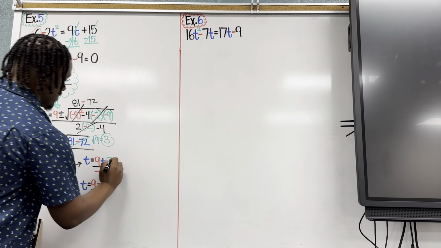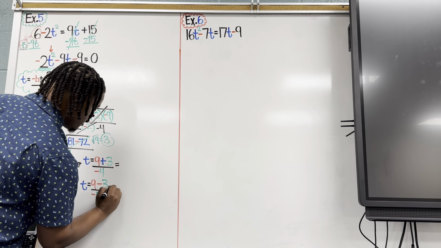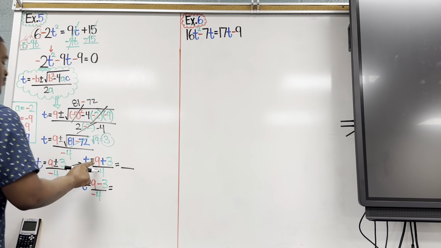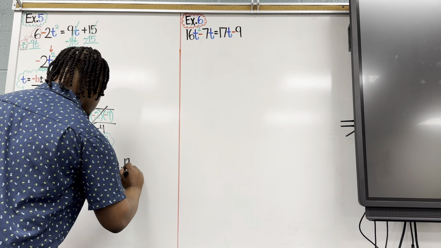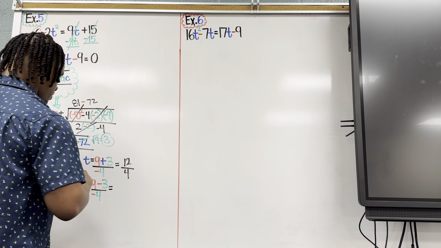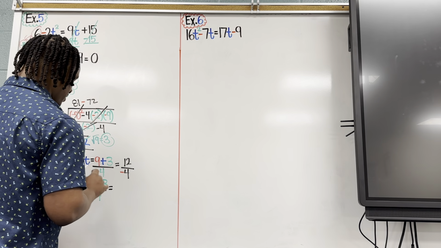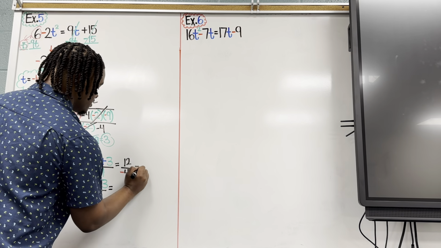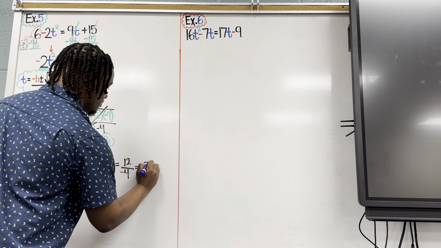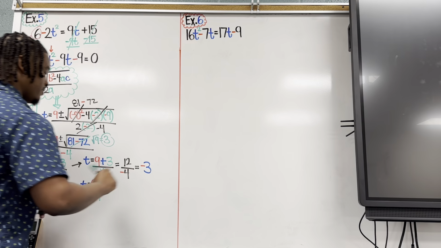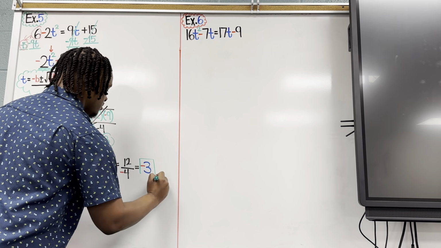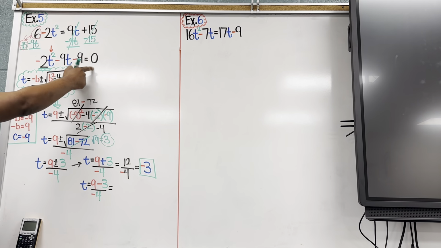Okay, so now let's go ahead and continue. 9 plus 3 is 12, and it's going to be over negative 4. And 12 divided by negative 4 is a negative 3. So t can equal negative 3 to make this whole quadratic equation equal 0.